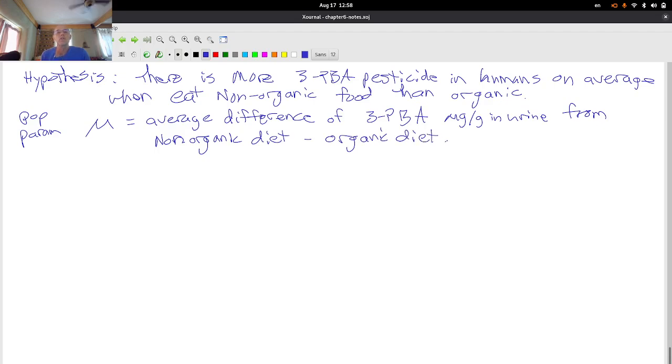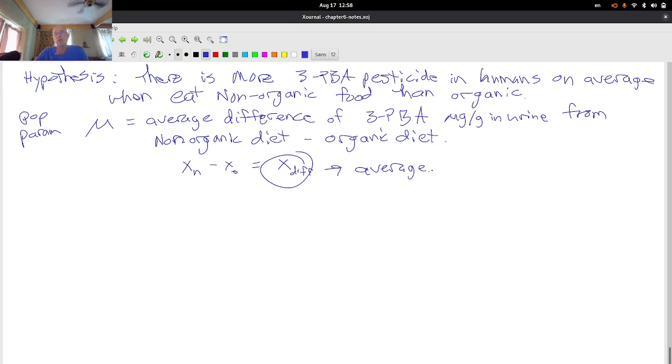Right, so the order of subtraction is important. First I find X for non-organic for each person, and then I find X organic for each person, and I subtract them, and that gives me this X value. That's the difference between them. And then after I get all those differences, then I go and find the average.